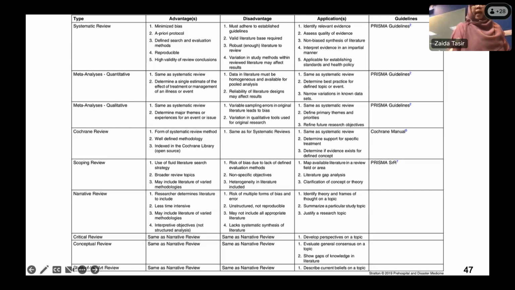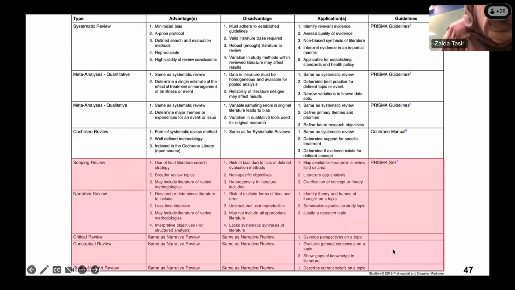Okay. And if you ask me, the ones that I highlighted down here are what we will use: scoping review, conceptual review, and state of the art review. These are the popular ones that we use for our chapter 2.